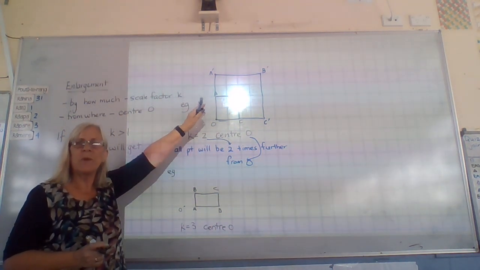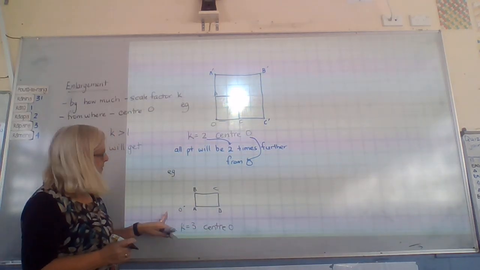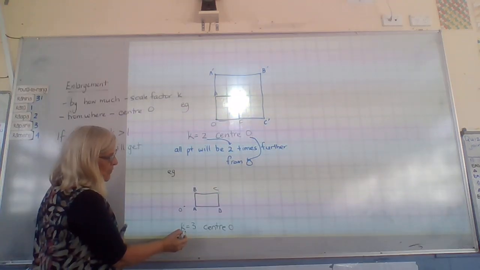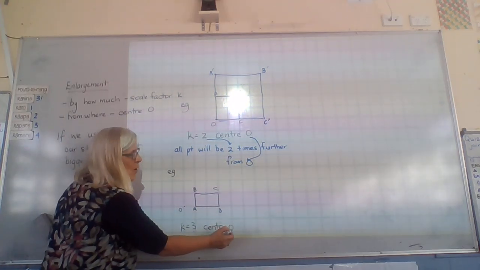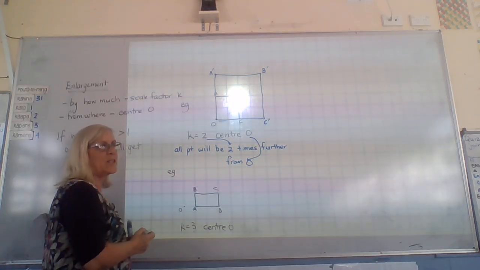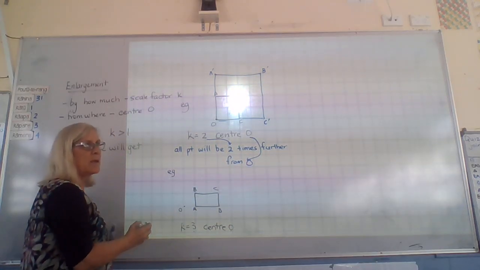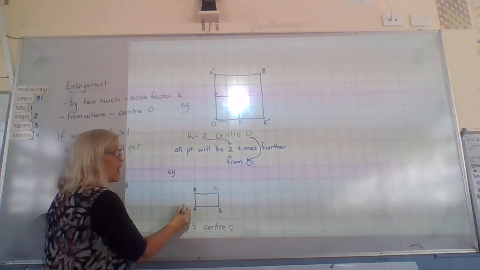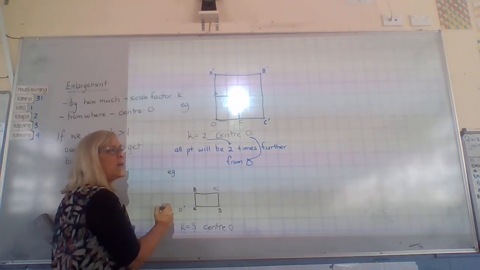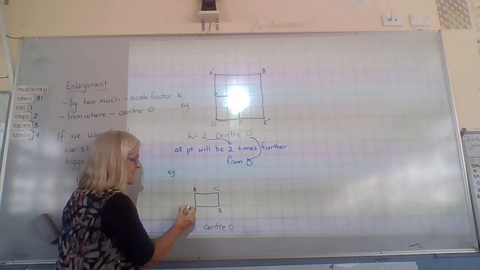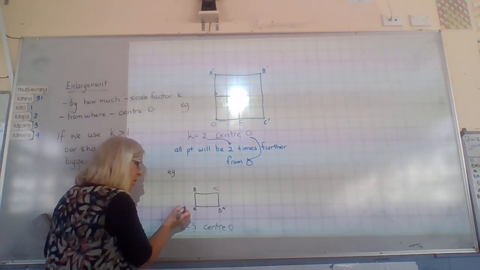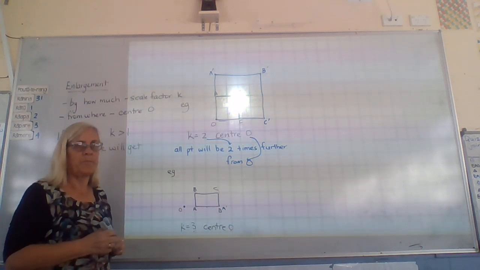Wouldn't have to be O. It could be a point on it that's got a different label. But in this case, we've got to say all points will move 3 times further away from O than they are now. So A is at the moment 1 square to the right. Where is it going to be? 1 square from where D is. It's going to be 1 square to the right. It's going to be 3 squares to the right. 1, 2, 3. All right, from O every single time.